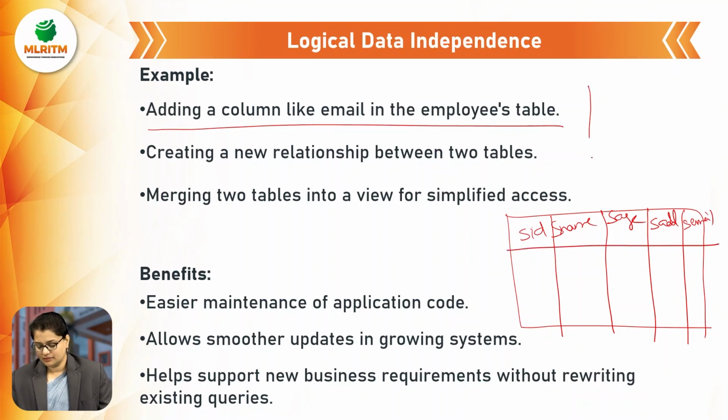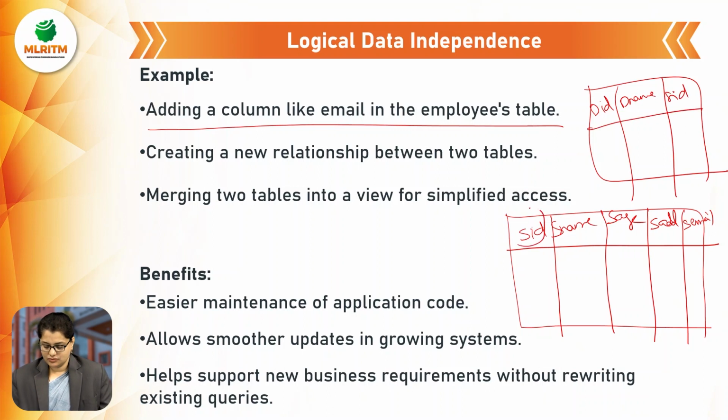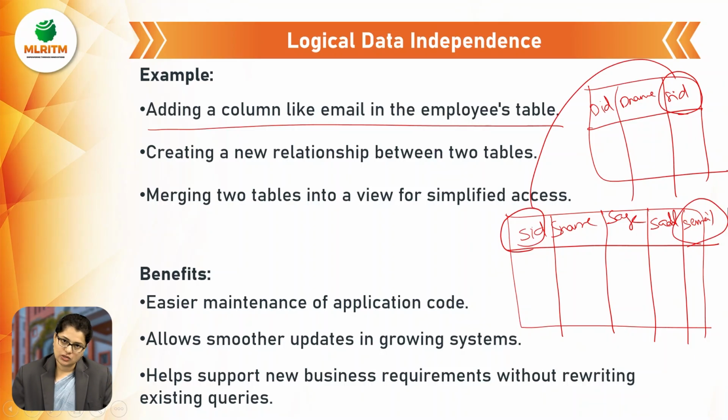Another table we have is the department table. Consider it has department ID, department name, and the SID, that is the student ID. By using the primary key in both tables, we can access the data. When you add this email ID to the existing table, the user can also access it by using the primary key.